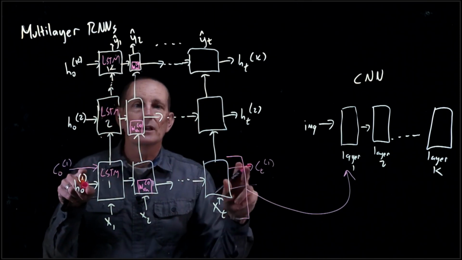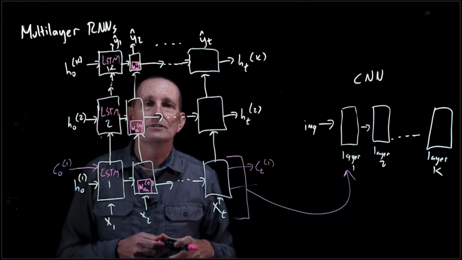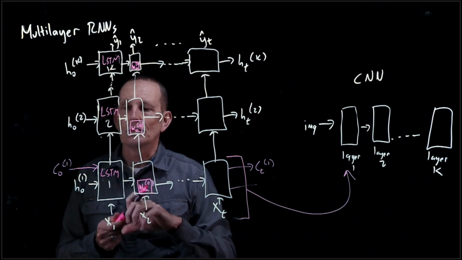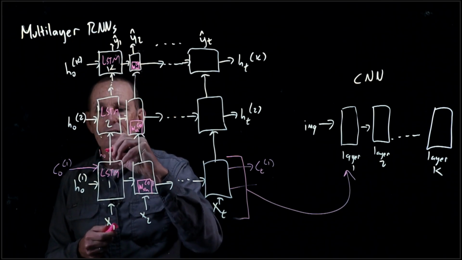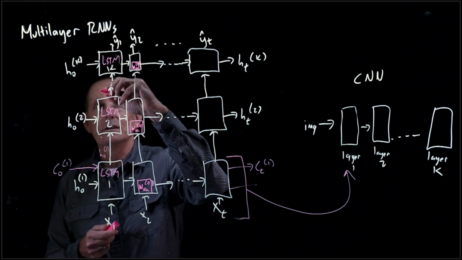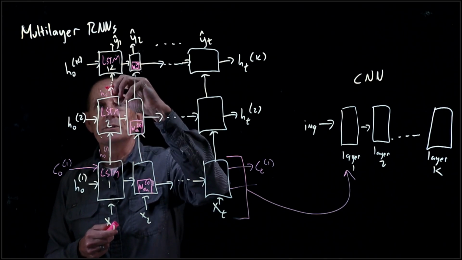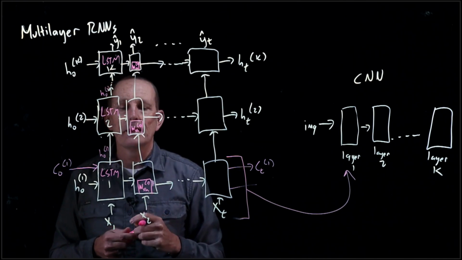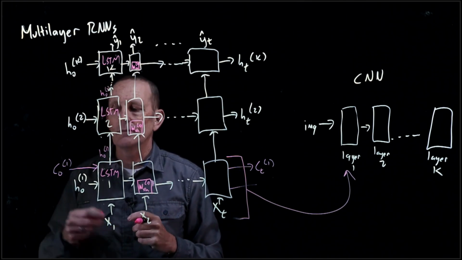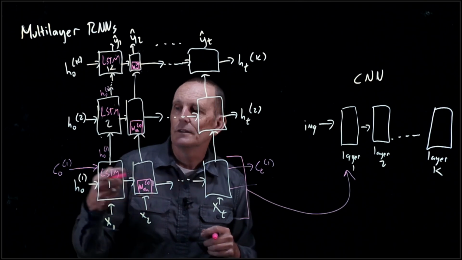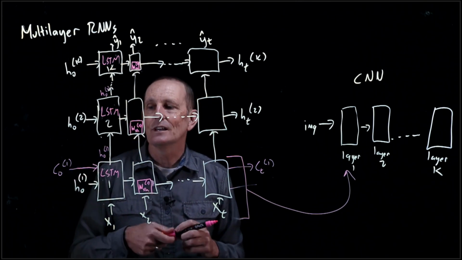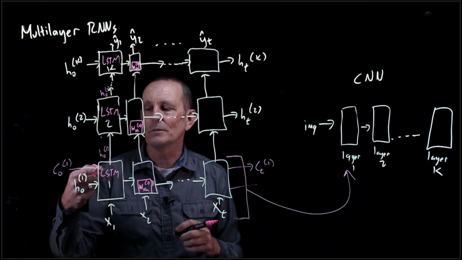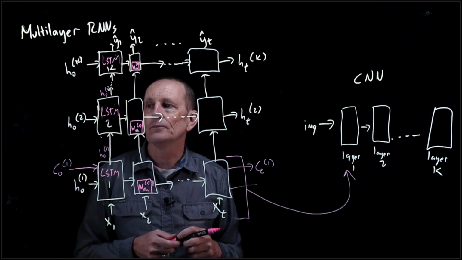This long-term memory would not be passed up into the higher layer. Instead, we'd still have coming out of here H sub 0 super 1, H sub 0 super 2, etc. The C's just go straight across. The C's, as we know, always affect the hidden state, the H's, and so that's how we can pass up information from the long-term state if we need to.